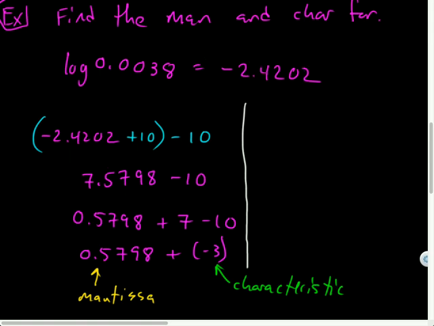What if I did this in the scientific notation method? That would have been the same as log of 3.8 times 10 to the what? How many decimals is that? 1, 2, 3, I think.